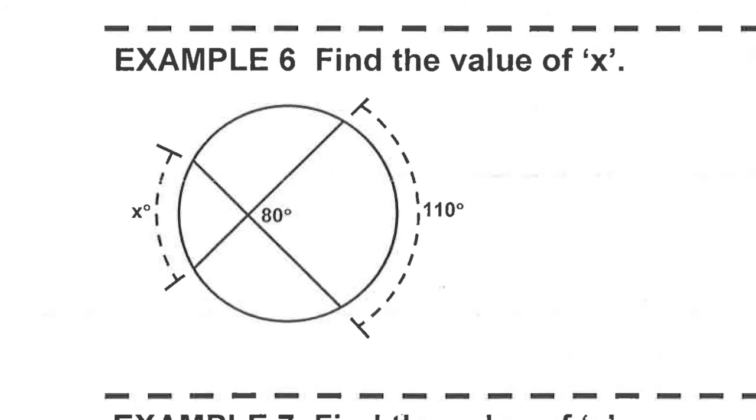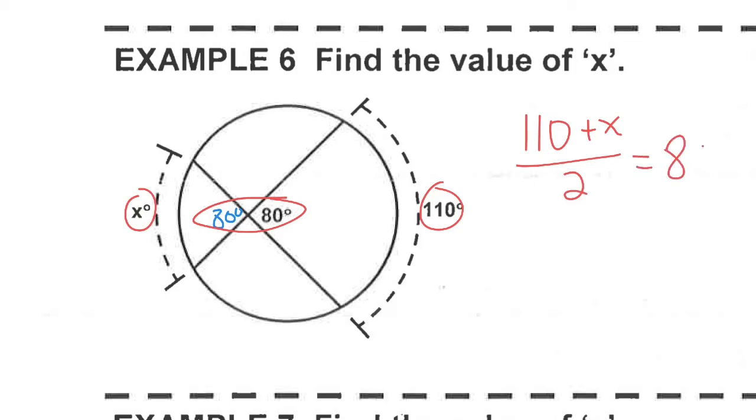Let's look at these last two. This one, I have two chords intersecting inside a circle, and I know already from vertical angles that this is 80 degrees. But this is something people are having trouble on. To find these two angles, you take the sum of the arcs and divide it by 2. So in our case, 110 plus x divided by 2 should equal 80.